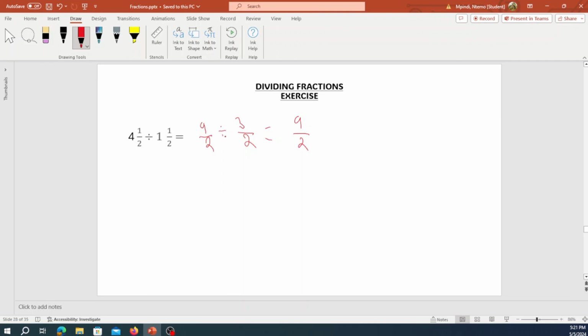You see this? It's gonna change to multiplication. See this is 3? It's gonna go on the bottom. You see this 2? It's gonna go on the top. Okay? Equal.